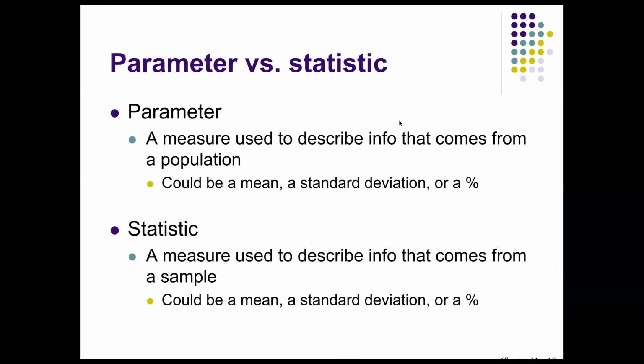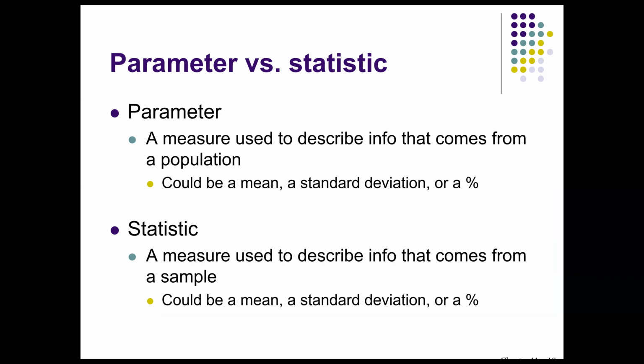All right. So, parameter versus statistic. Any measure, whether it's a proportion or a mean or a standard deviation, if it comes from the population distribution, we're going to call it a parameter. Any measure that is describing information that comes from a sample distribution, we're going to call it a statistic.